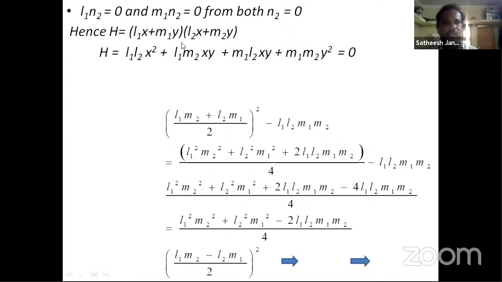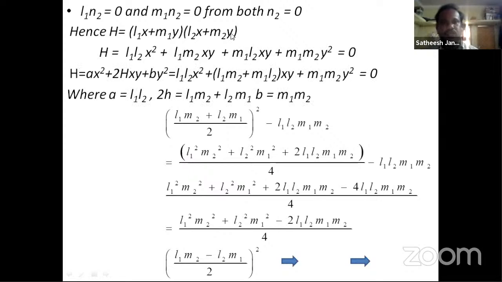Lastly, multiplying M1y with M2y, that is M1 M2 y square. Taking xy common in these two terms: L1 L2 x square plus xy times L1 M2 plus M1 L2 plus the last term M1 M2 y square is equal to 0.